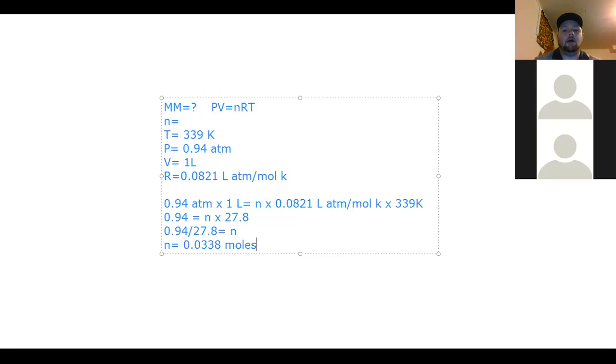Okay, and now the thing that we need to do is solve for the molar mass of this. And as it's stated on the problem, molar mass is just going to be the mass divided by the number of moles of a substance, its mass divided by molecular mass. Okay, and that's what we're looking for, is the molar mass. Okay, and so we have the number of moles.